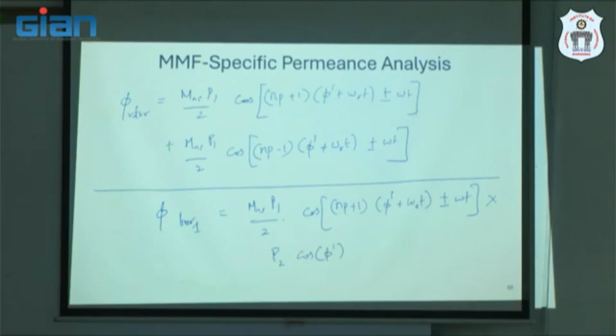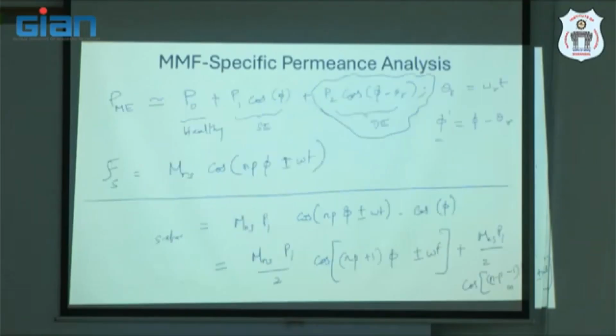This is the dynamic eccentric term, right? p2 cos phi dash. Is that okay?